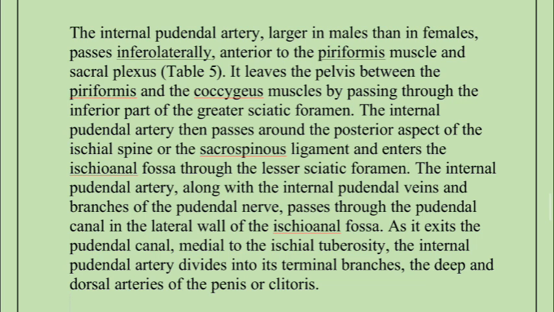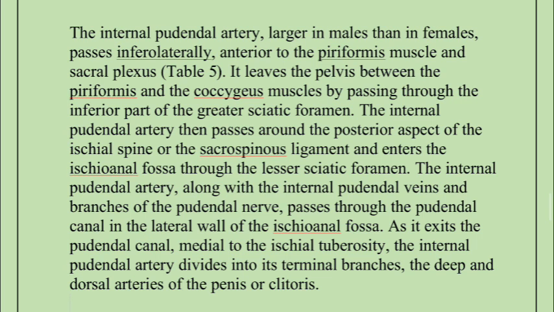The internal pudendal artery, along with the internal pudendal veins and branches of the pudendal nerve, passes through the pudendal canal in the lateral wall of the ischioanal fossa.